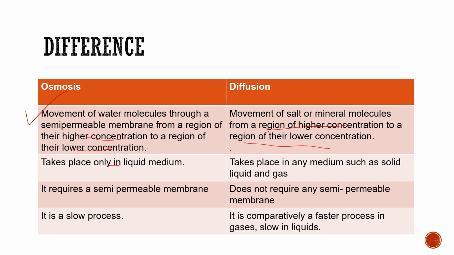Osmosis takes place only in a liquid medium, whereas diffusion can take place in any medium: solid, liquid and gas. The main difference is that a semi-permeable membrane is required in osmosis, while it is not required in diffusion. Diffusion is a faster process as it is in gases and slow in liquids, and osmosis is a very slow process as it happens only in liquids.